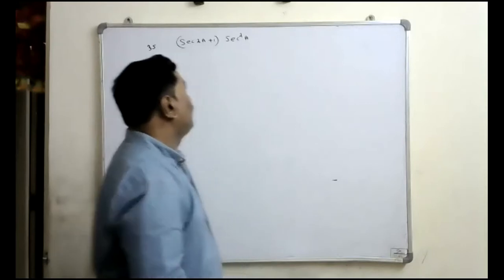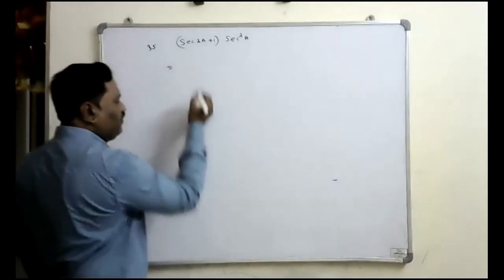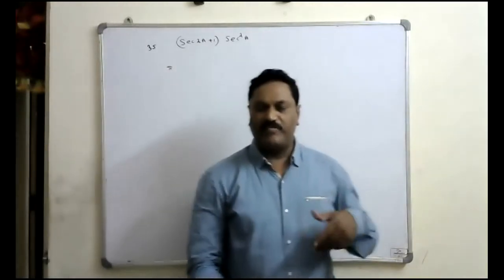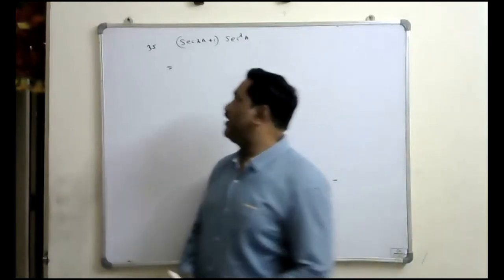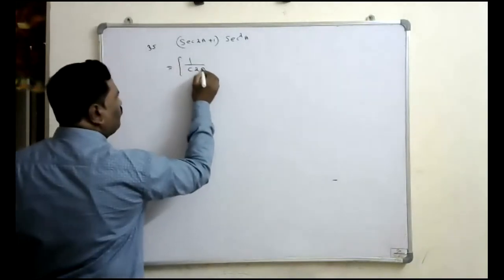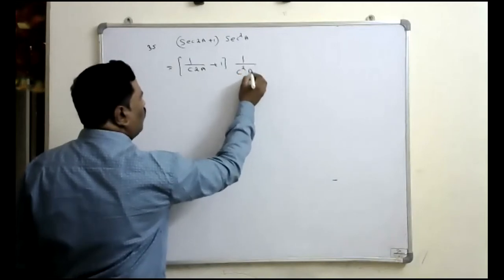Whenever secant terms are there, we don't have any formula for secant 2a or cosecant 2a. So when they have given the secant and the cosecant, convert them in terms of sine and cos. So secant 2a we can write as 1 by cos 2a, plus 1 into secant square a, which means 1 by cos square a.